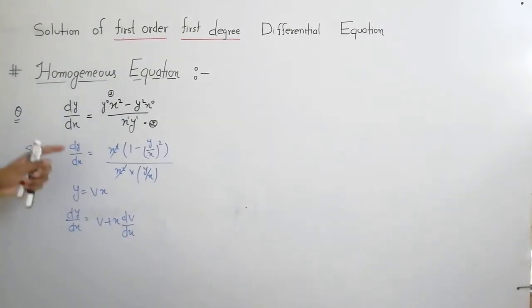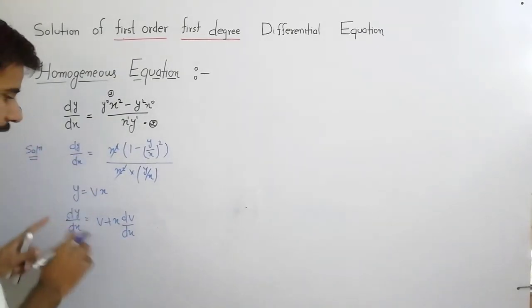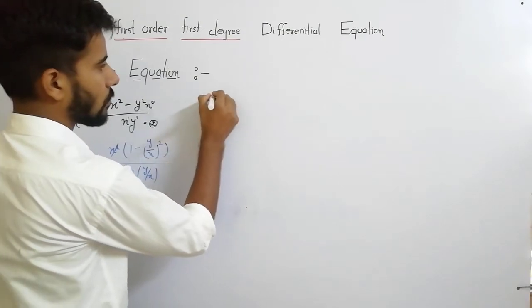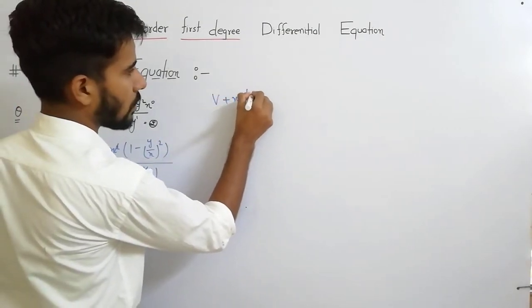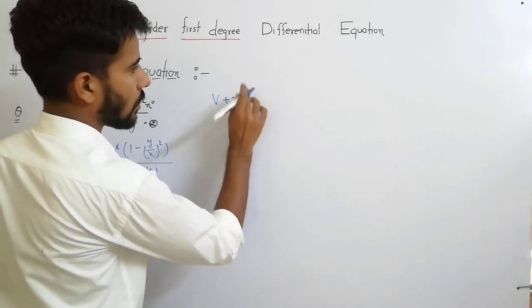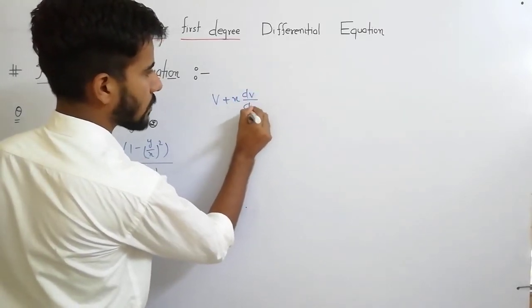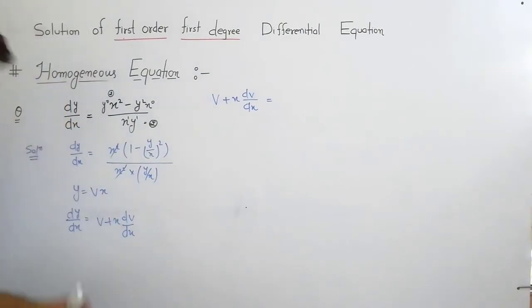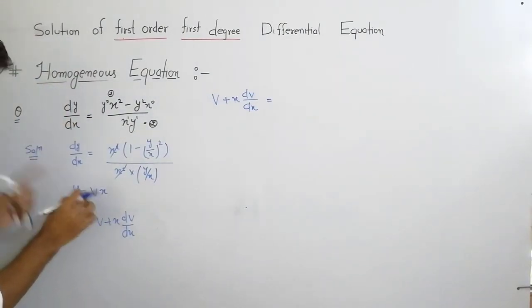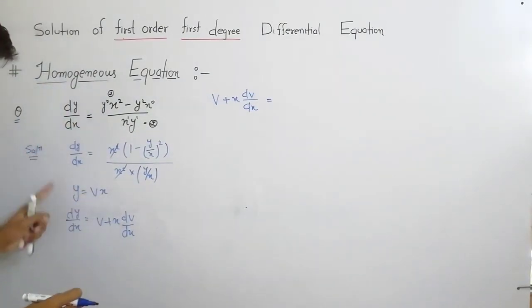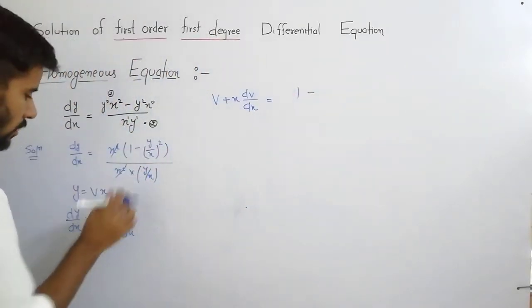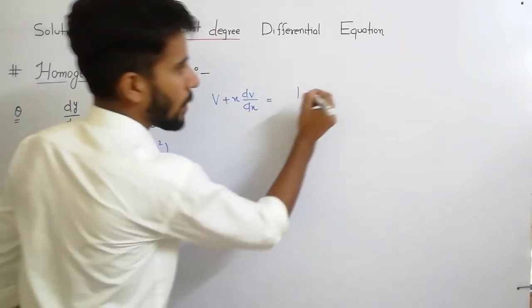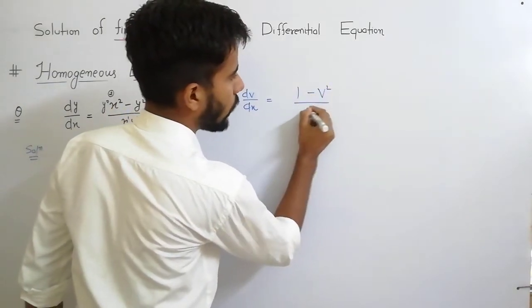Put this into the equation, then v plus x dv by dx is equal to, with y upon x replaced by v, 1 minus v square upon v.